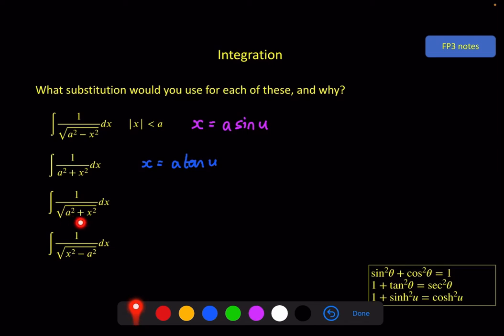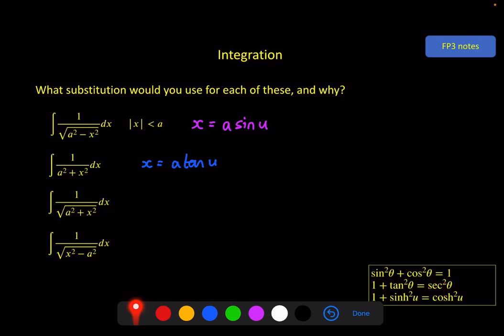Similar thinking for this one, something plus x squared. Well, we've got this one here, 1 plus tan squared equals sec squared. But when you square root that, that will just give you sec. And when you differentiate tan, you get sec squared. So they won't quite cancel out. You could probably do it, but there is more work to do there.